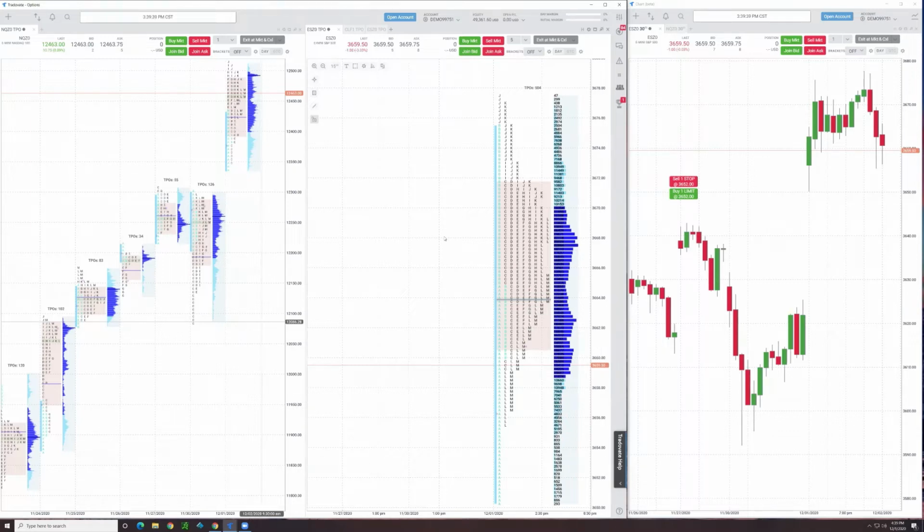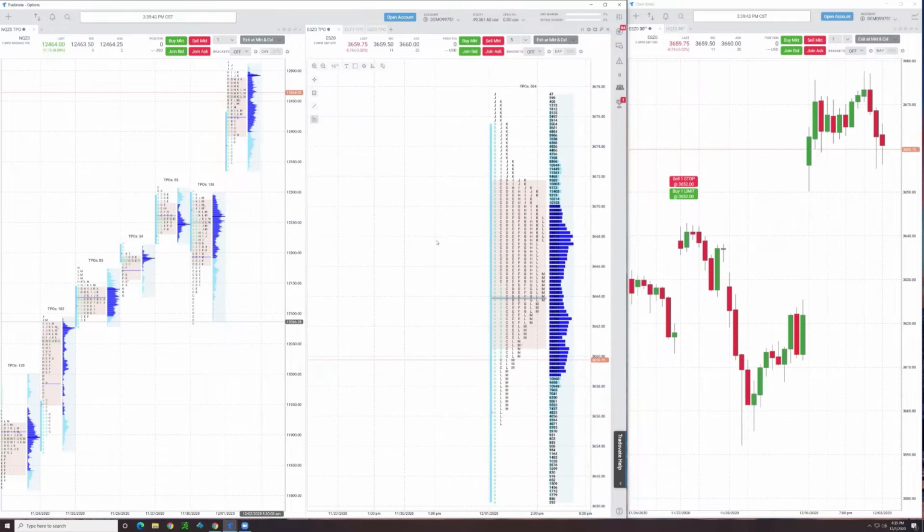Each profile will look different, they're not necessarily the same each day, but oftentimes you do see it develop a fat or wider part of the profile, and that simply represents the area that it spent more time in.